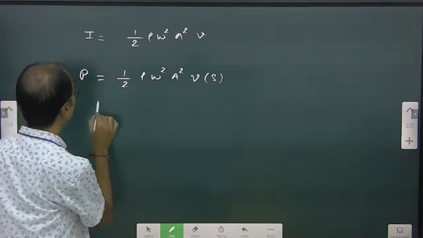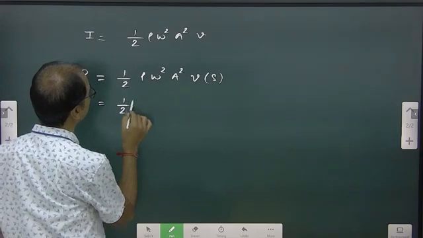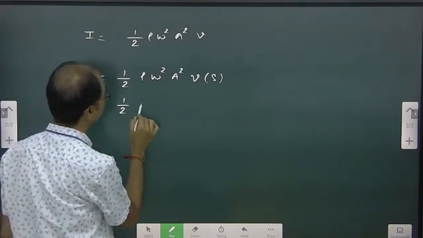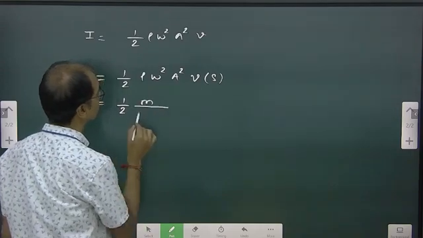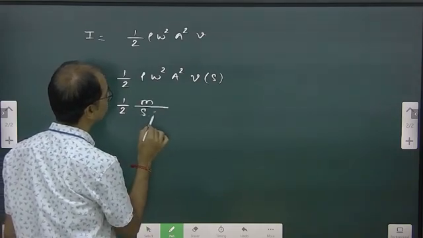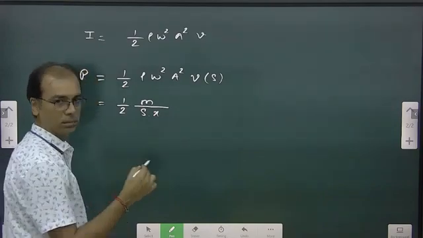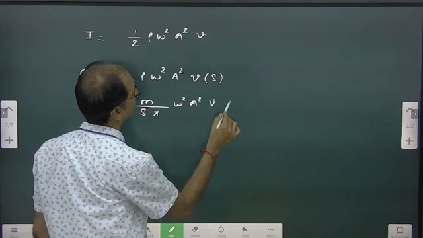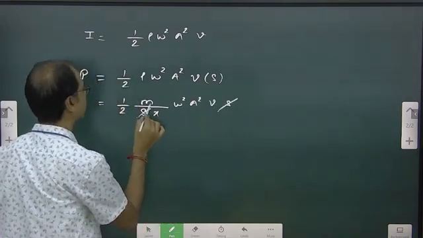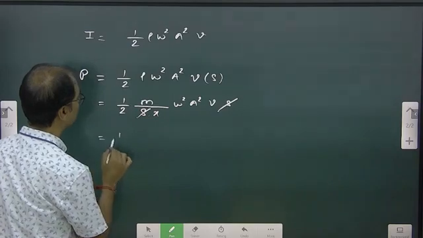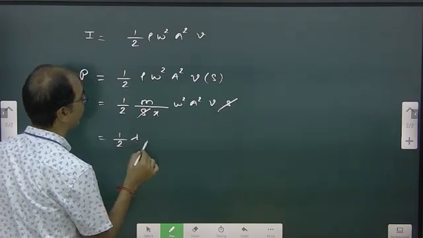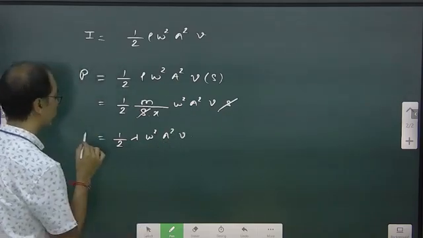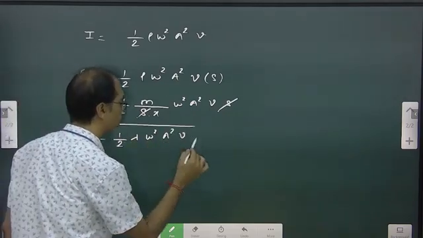Now what I am doing: this rho, we know, is mass by volume, which is mass by area into length. Now this s is cancelled, and now it is m by x. So I am writing this as half lambda omega square a square into velocity.